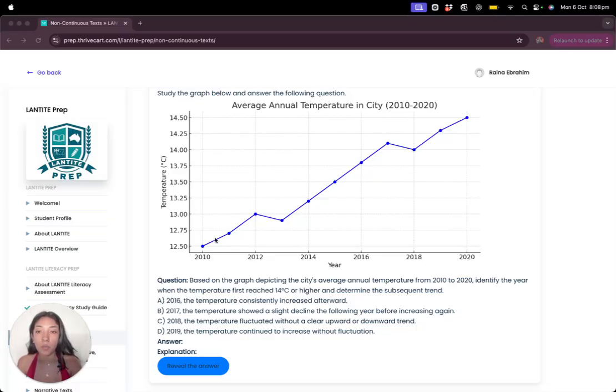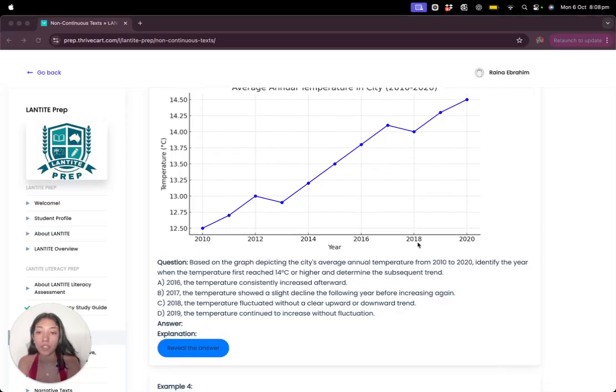All right, so here we've got the trend, we've got the graph. So we're going to have a look here. It's going up. A, 2016, the temperature consistently increased afterward. B, 2017, the temperature showed a slight decline the following year before increasing again. C, 2018, the temperature fluctuated without a clear upward or downward trend.